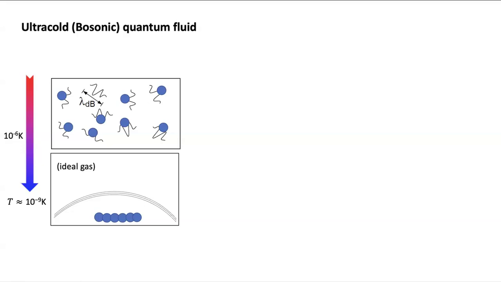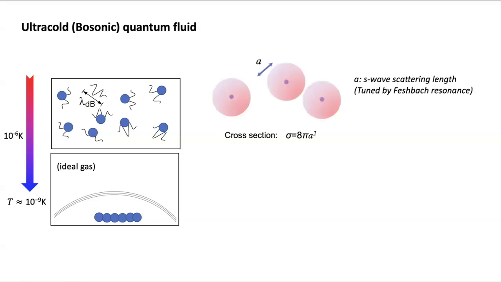But no, in reality, it's not that simple. These are not just non-interacting particles. These atoms actually interact with each other. But since we are at such a low temperature, it becomes relatively easy to describe how these atoms interact. If you study quantum mechanics, you know that to describe a low energy collision, only one thing is needed, called the s-wave scattering length.